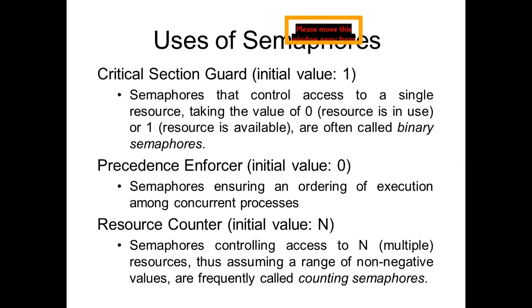Precedence enforcer. Sometimes a number of processes are running and we want to give priority to a particular process. How will the operating system enforce the precedence, or give the priority, to a particular process?